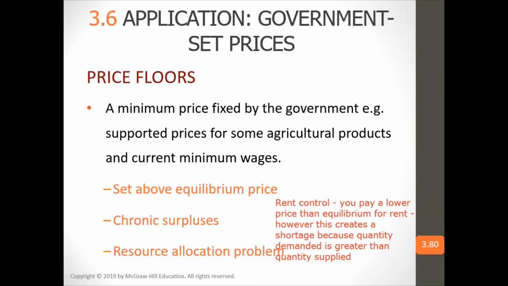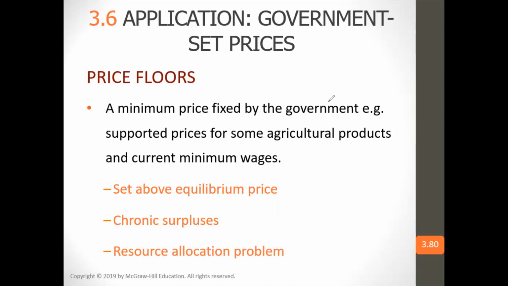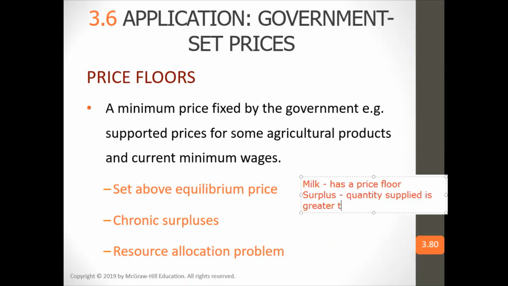And then a price floor is a minimum price fixed by the government to support agricultural products, minimum wages. The problem is they do this on milk. So milk has a price floor, so it causes a surplus, where quantity supplied is greater than quantity demanded.